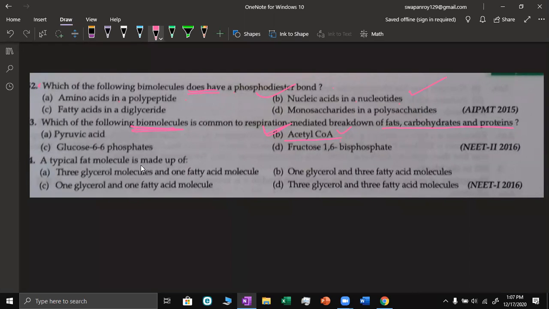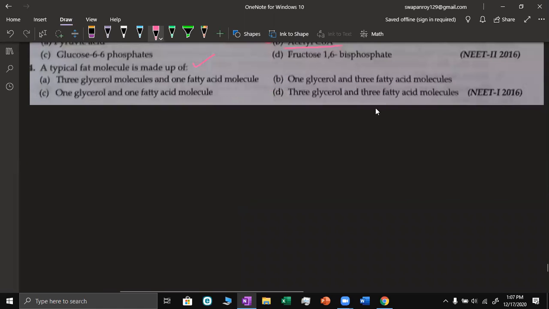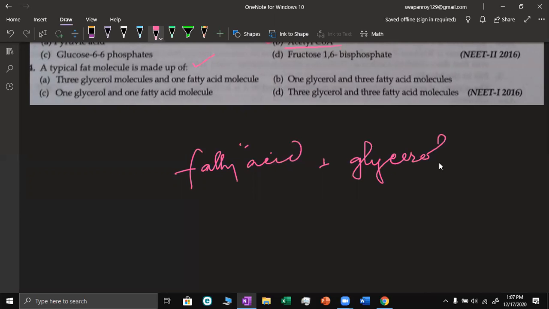And the typical fat molecule is made up of fatty acid and glycerol. Okay, very simple fat is only glycerol, but the larger fats have fatty acids.